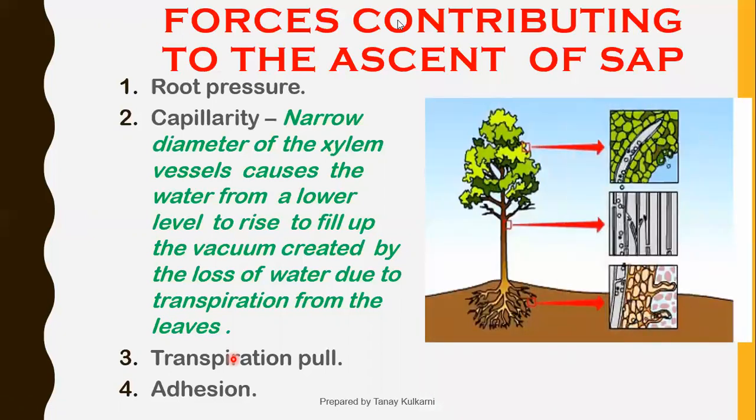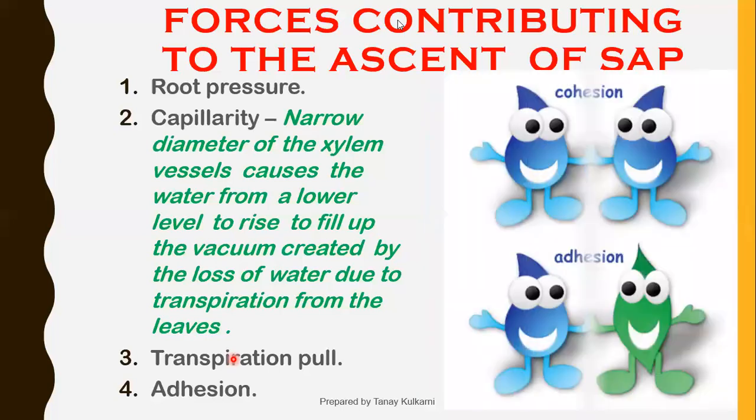As you can see in this GIF, water molecules are moving from the root, entering the xylem, reaching the stem, and from the stem they go to the leaves, and after the leaves they get evaporated. So one water molecule pulling the other water molecule is called cohesion. As you can see, there is a similar attraction between similar molecules. We call it cohesion.